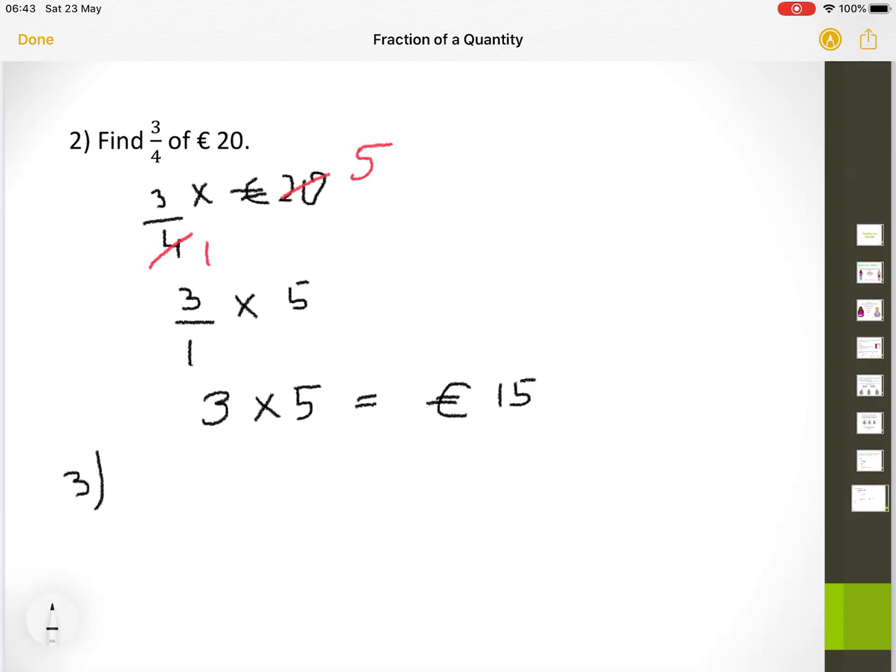Let's say we have number 3. I need to find 3/6 of 22.